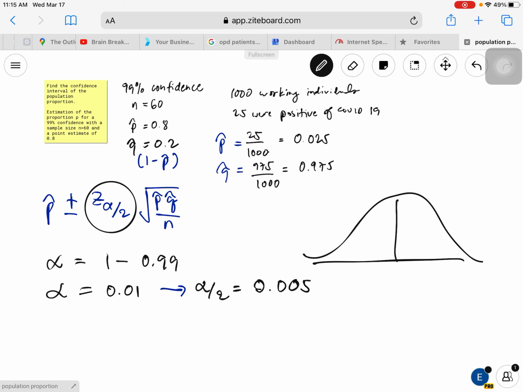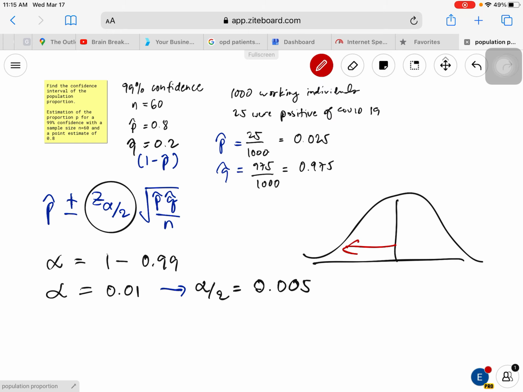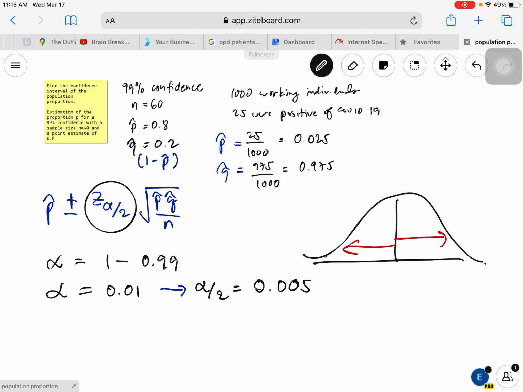One is below the mean, or the left side of the mean, going to the left, and the other from the mean going above it, or to the right. So 0.005 is going to be somewhere here, and also somewhere there.